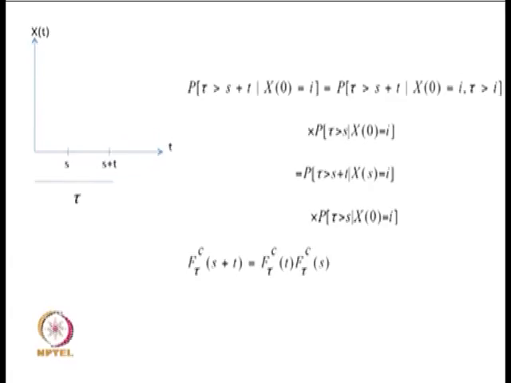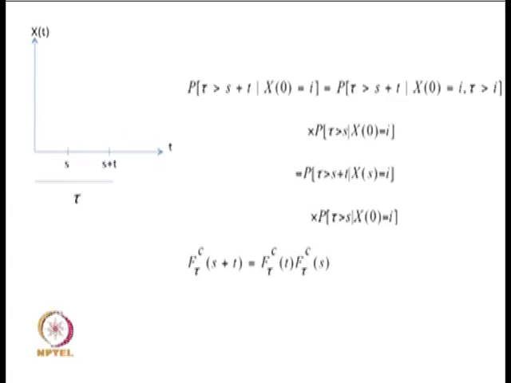Now, the probability of tau greater than S plus t given that X of S is equal to I, I can rewrite because this Markov chain is a time homogeneous Markov chain. The interval S to S plus t is the same as the complement CDF of the random variable tau for the time t, since only the length matters, the interval of length t.